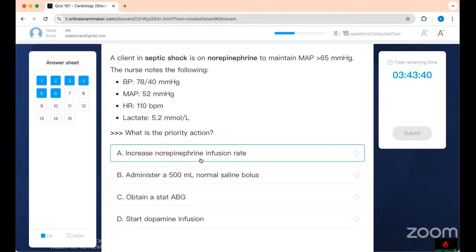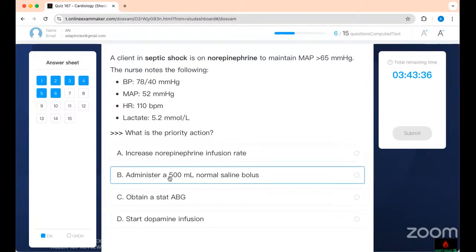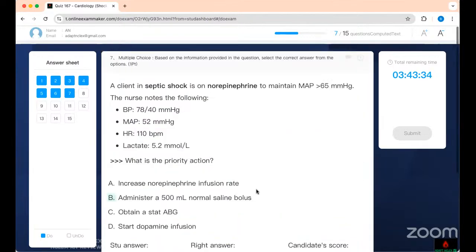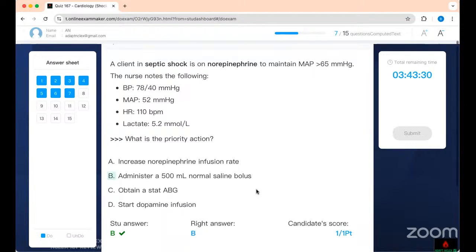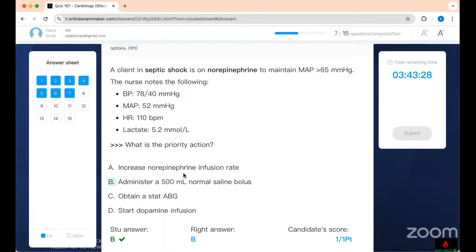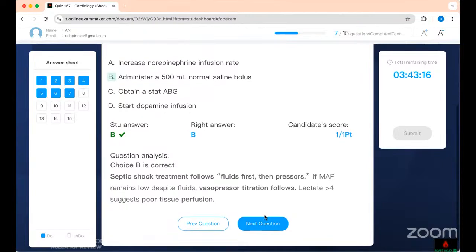If it's hypoperfusion, give them fluid to improve their perfusion. And this is the right answer. Okay, so these are the things you have to think about. It's easy to say, oh, let me give them norepinephrine, but before you squeeze them, fill the tank. Every time you see a question like that, I want you to think like that. Fill the tank before you squeeze them.